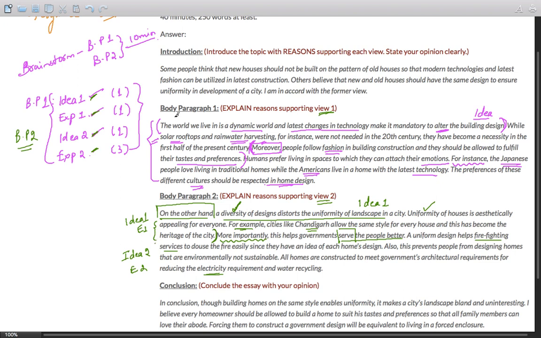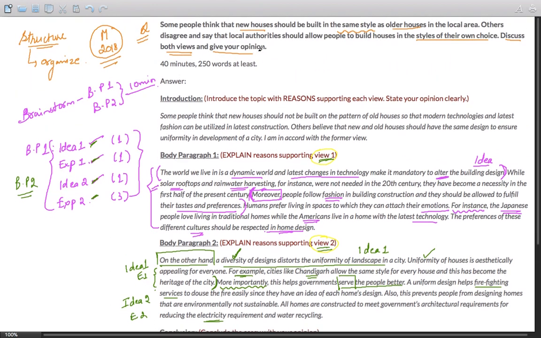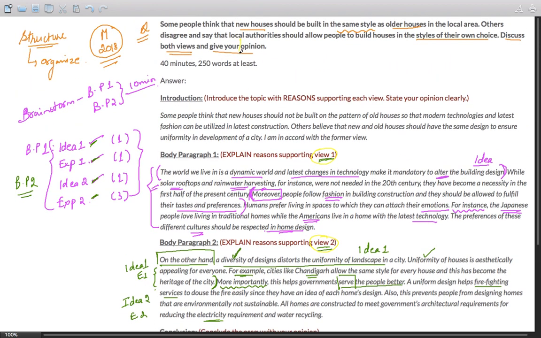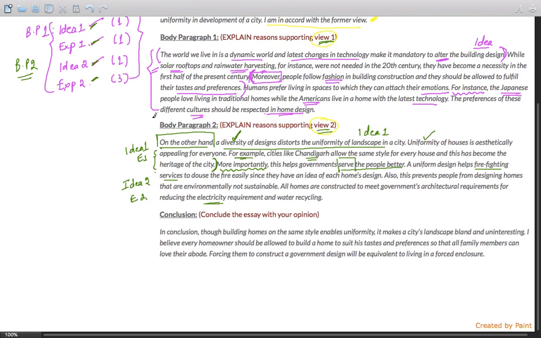Finally, after explaining both views, view 1 and view 2, it is time to mention your own views, your own opinion. Give your opinion. Though you have given it in the introduction over here, I'm in accord with the former view. It needs to be explained a bit, and the conclusion is the right place.